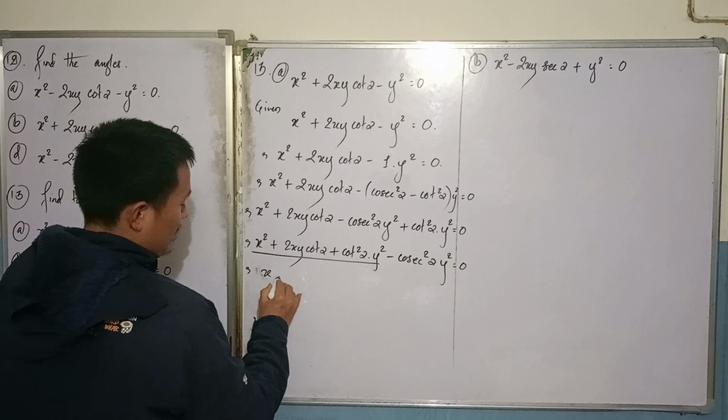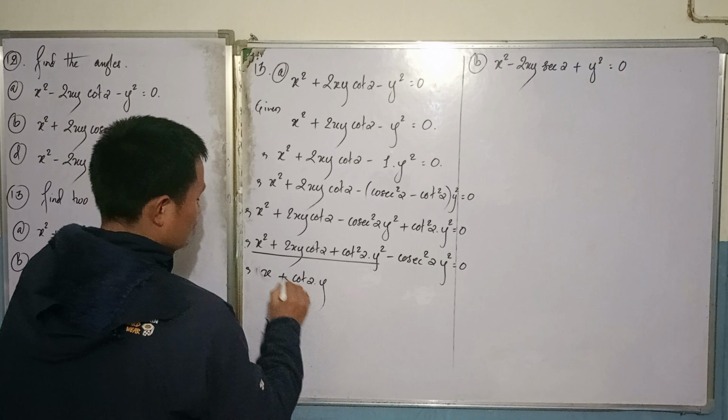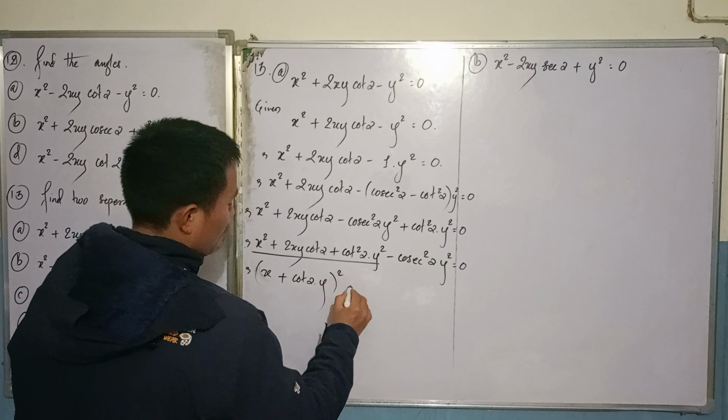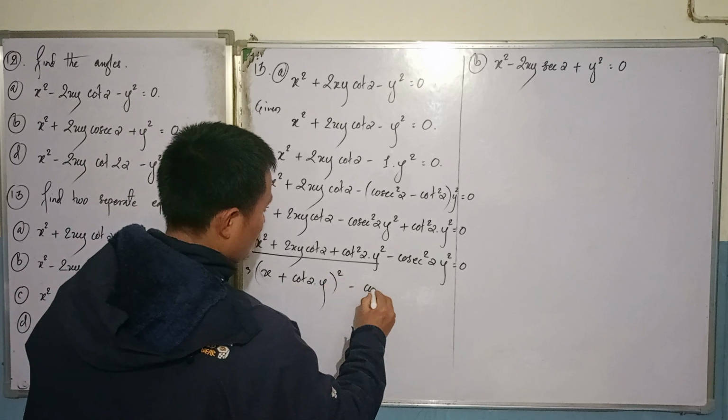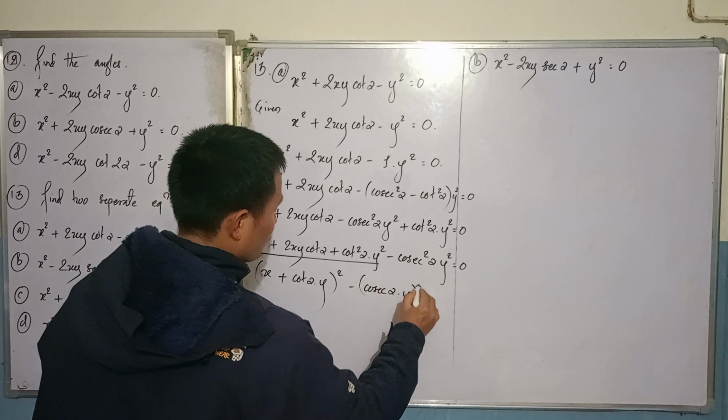It can be written as x plus cot alpha y whole squared minus cosec alpha y whole squared equals 0.